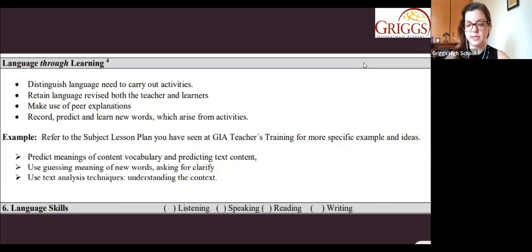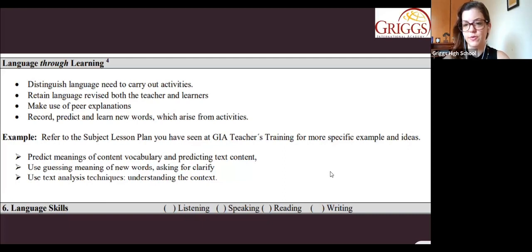Because our lessons, they last for 3 hours. In 3 hours, they should have at least one activity practicing each one of the language skills. So always make sure to check all of these boxes. Usually listening, speaking, and reading are more obvious. The one that we may forget usually is writing.